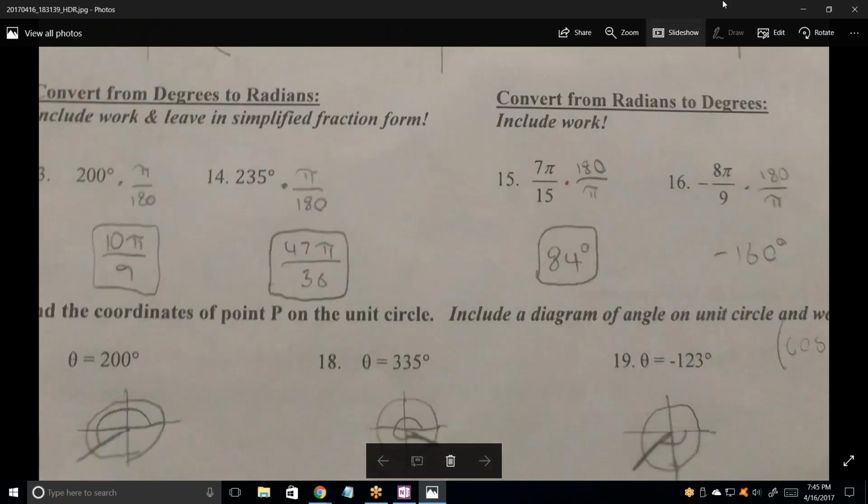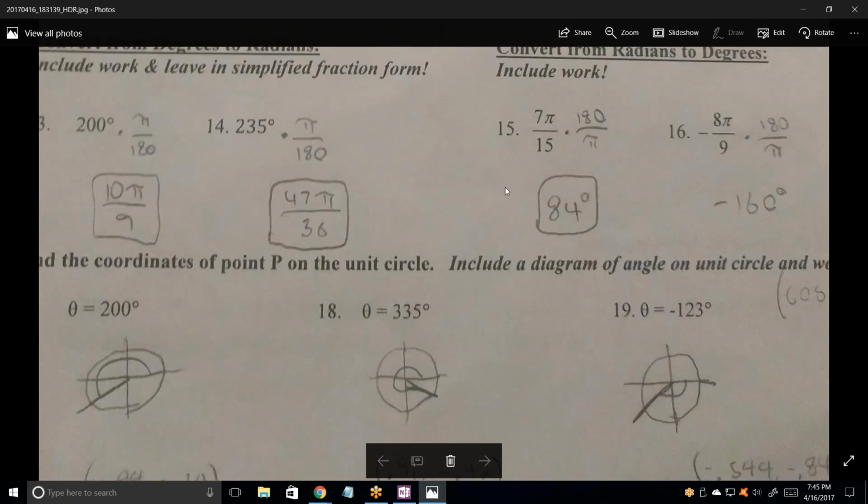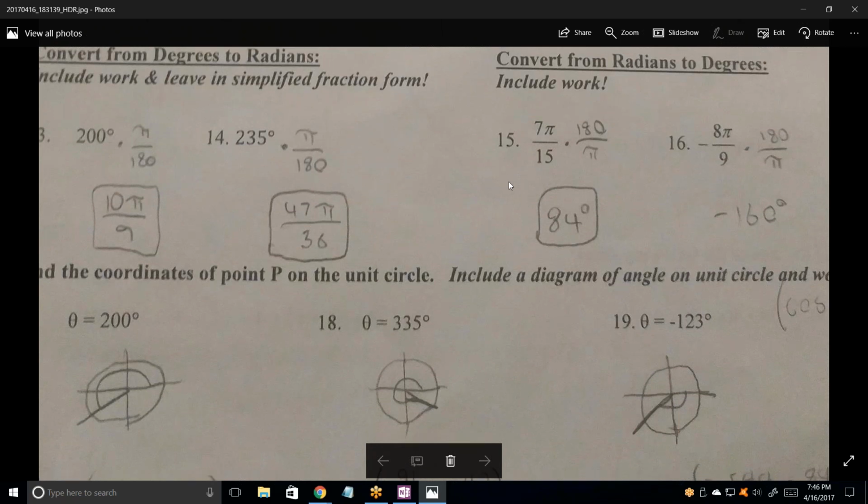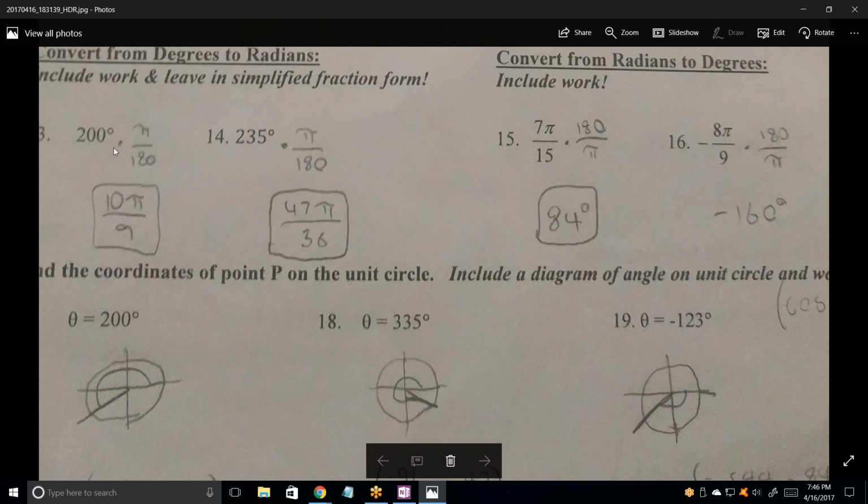Oh, no, we got more. Include your work. And here we're converting from degrees to radians. Okay. That's good. How'd you figure out that 235 divided by 180 was 47 over 36? Must be both divisible by 5. Okay. That's good.